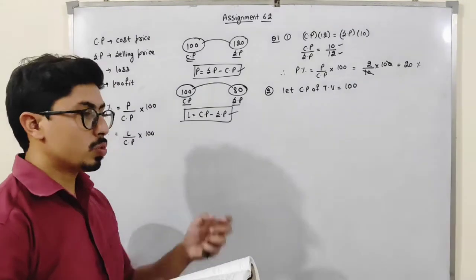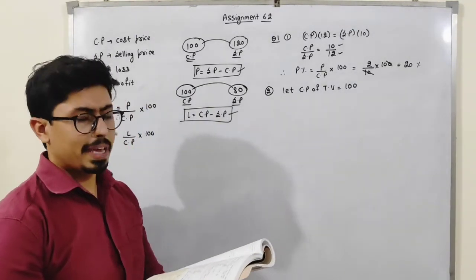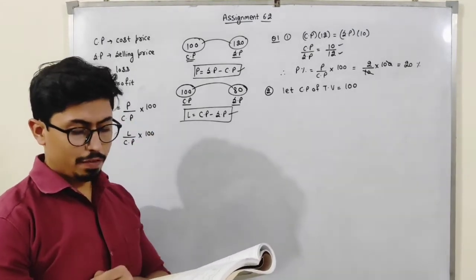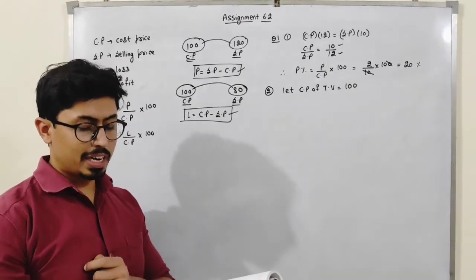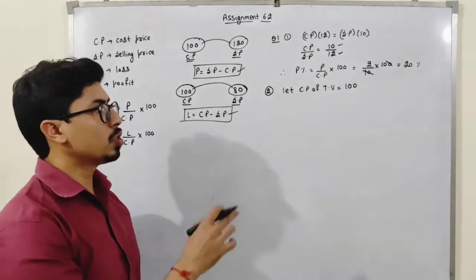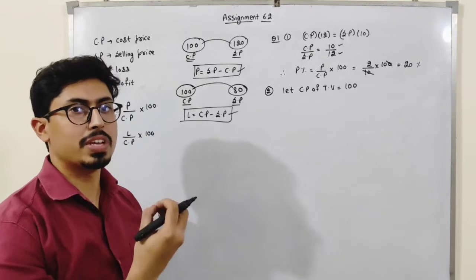Because students, in percentage questions and in these CP SP questions, I have to include the percentage. See, if we move forward, he sells one of the TVs at a profit of 20% and the other at a loss of 5%. See, percentage is included. And in case of percentage, it is easy to solve the question if we just let something as 100.